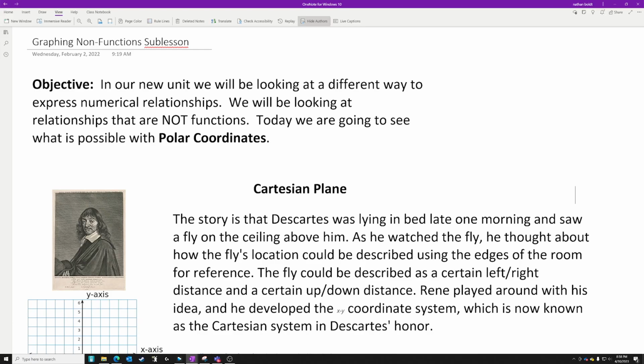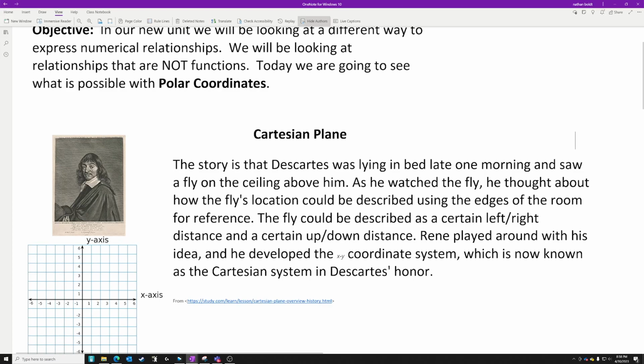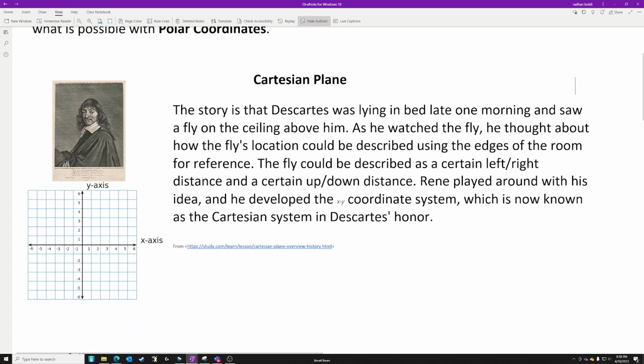It's called polar coordinates. So what we're usually used to is graphing on what's called the Cartesian plane. And if you don't know, the story is that this guy named Descartes, René Descartes, he's French, was lying in bed late one morning and saw a fly on the ceiling above him. Everybody look up. You see a fly?